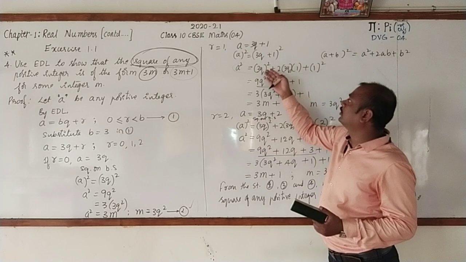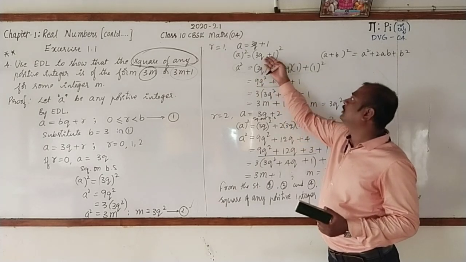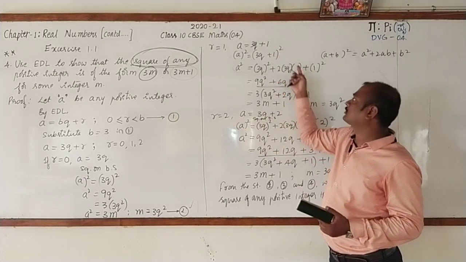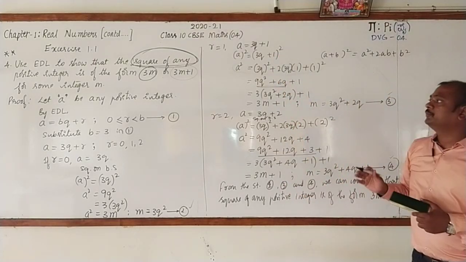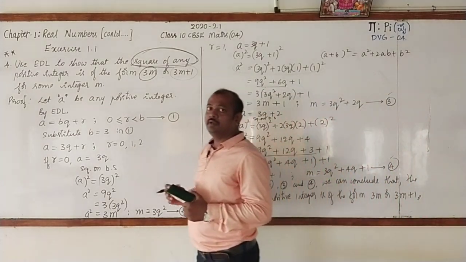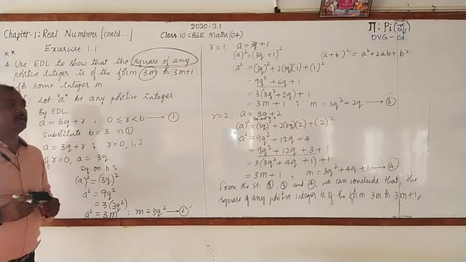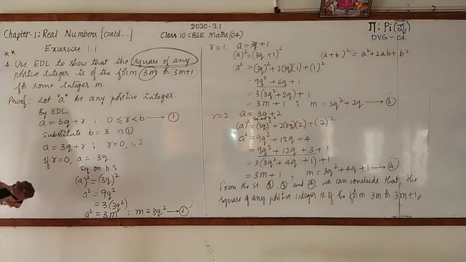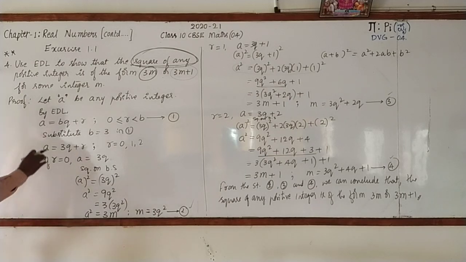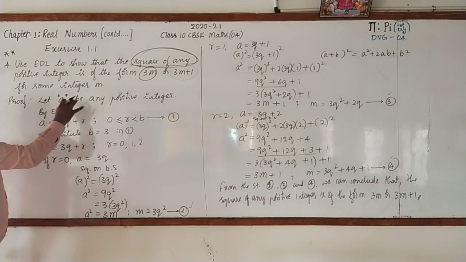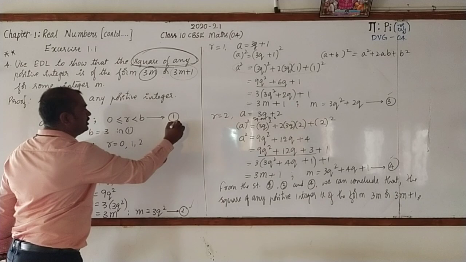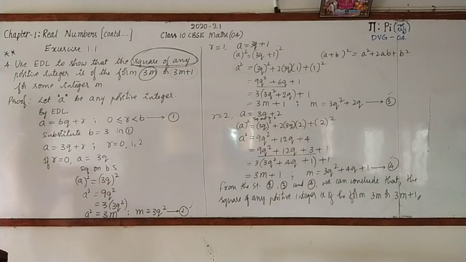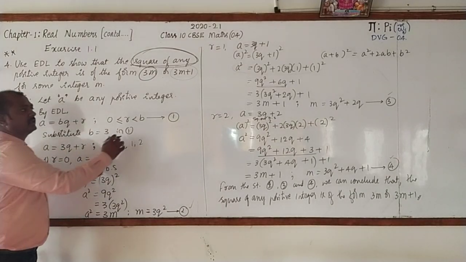See, a square, 3q whole square directly, 9q square. 2ab, 2 into 3 into 1, 6 into q. Then b square, 1 square is 1. Okay, this is very important. It can be given in the examination for 3 marks. Let me tell you the marks allotment. First you will assume a is any positive integer, and using Euclid's division lemma you will write the statement a equal to bq plus r, where 0 is less than or equal to r less than b.